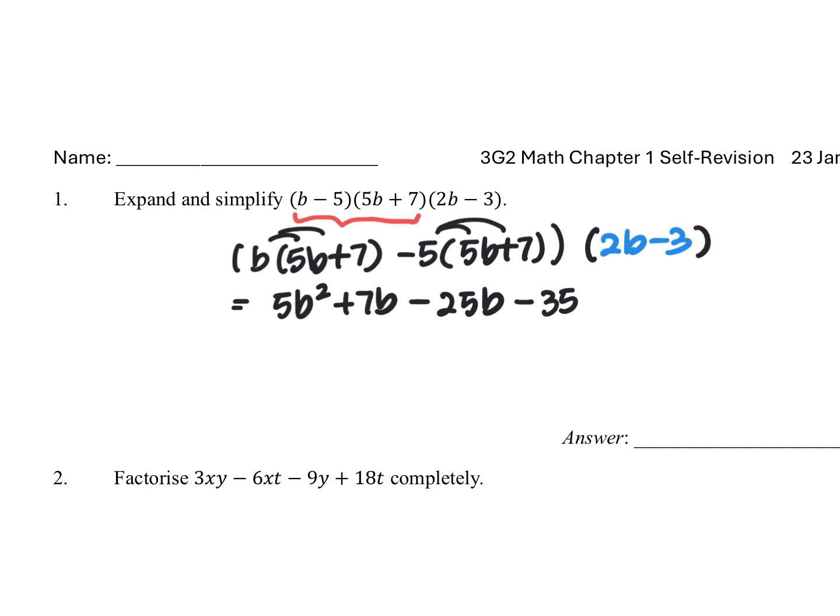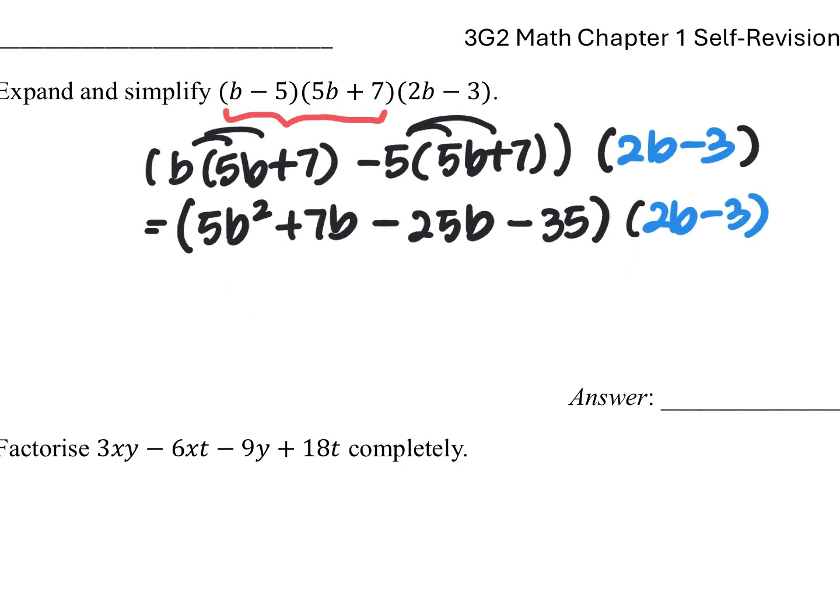So I'm going to add back my brackets and keep 2b minus 3 at the back. Let me simplify whatever is inside my bracket. Here I will have 5b squared, 7b minus 25b, that will give me negative 18b. And the other one will be negative 35.